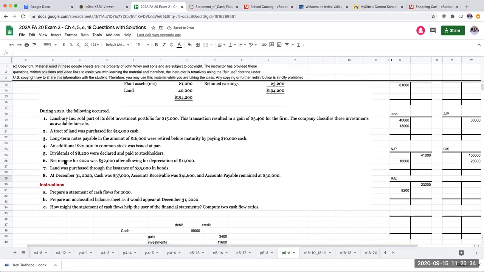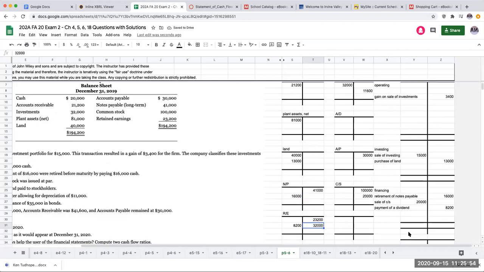Net income for 2020 was $32,000 after allowing for depreciation of $11,000. So this means it includes the depreciation expense. Here for retained earnings, I'm going to be recording this $32,000 as net income.